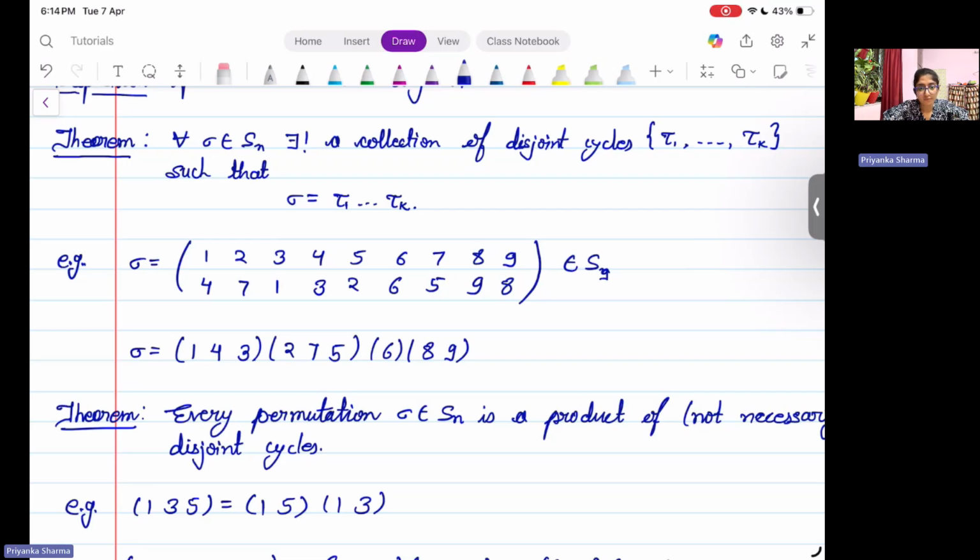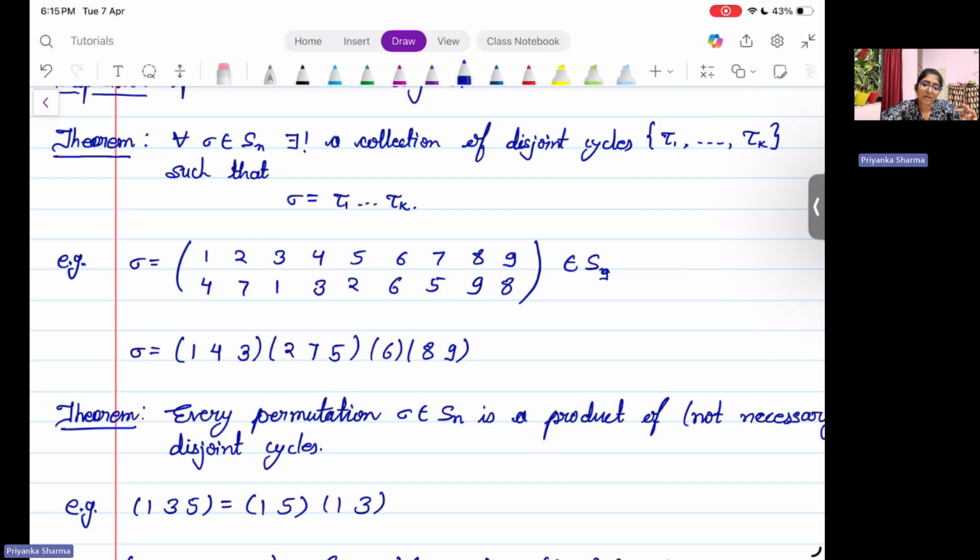So 7 is mapped onto 5, so we write here 5, and 5 is mapped onto 2. So we reach the initial element again, so the cycle will be closed here. So (2 7 5) is the second cycle of the product of cycles for this permutation sigma.